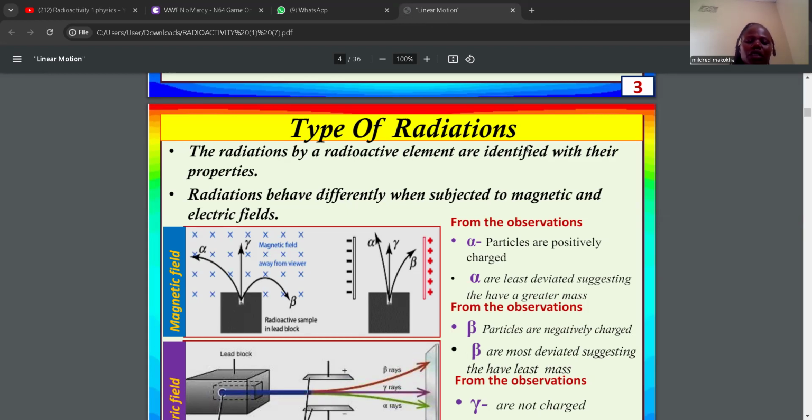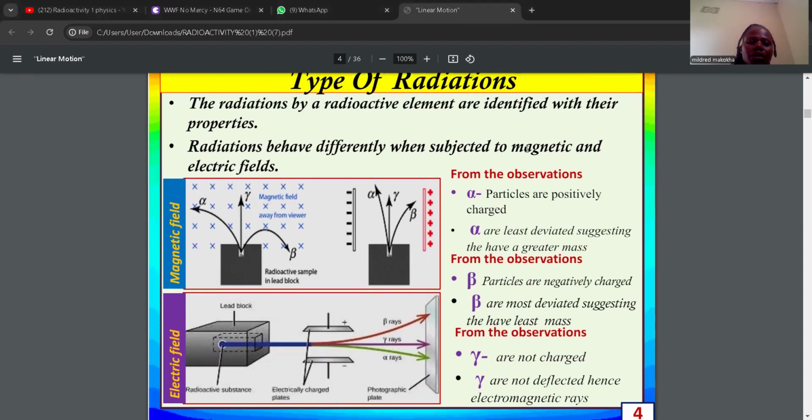So the types of radiation that we talked about, we said that alpha radiations are positively charged and they have a relatively higher mass, and thus they're the least deviated. Because the alpha radiations are positively charged, we expect that they'll be deflected when subjected to either an electric or a magnetic field.